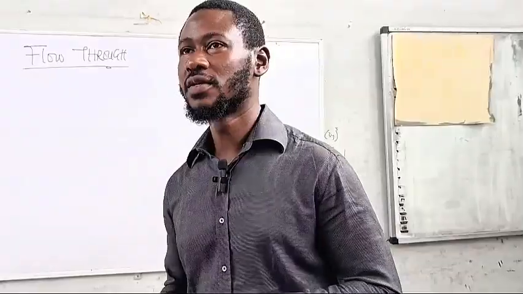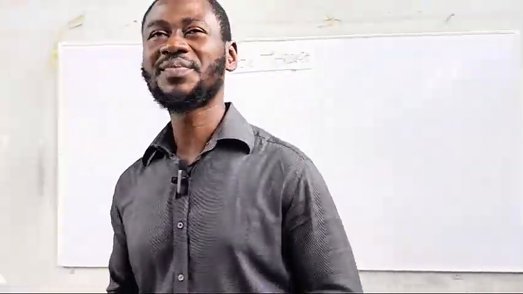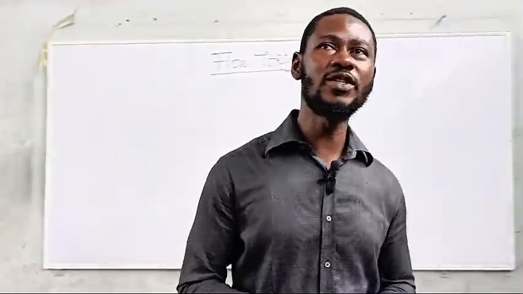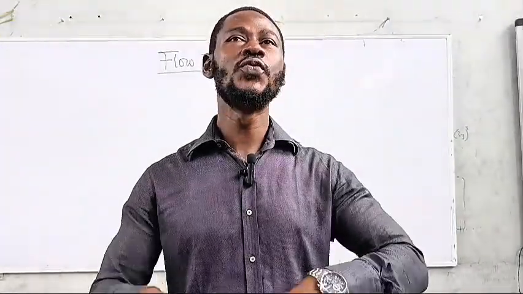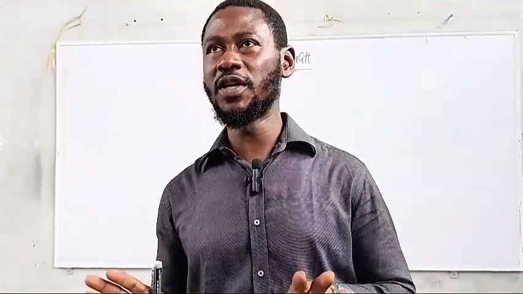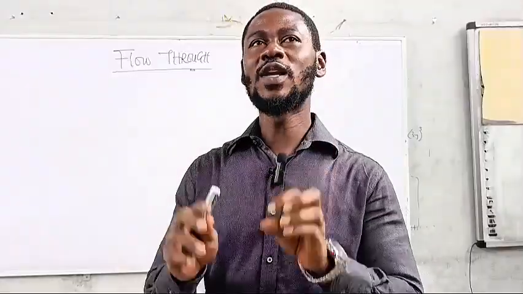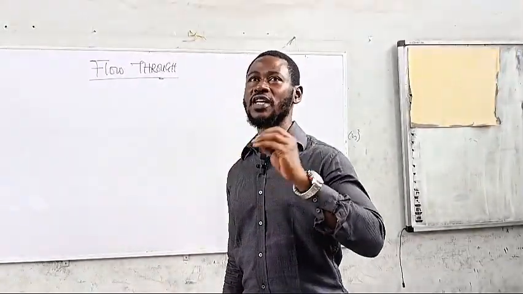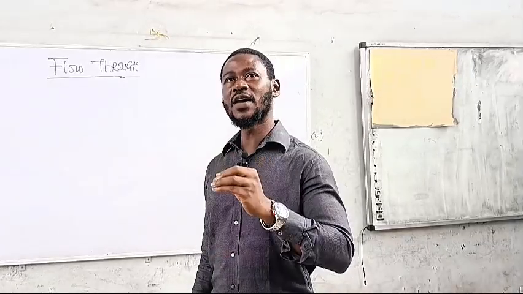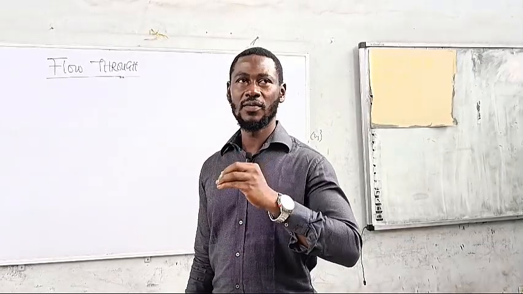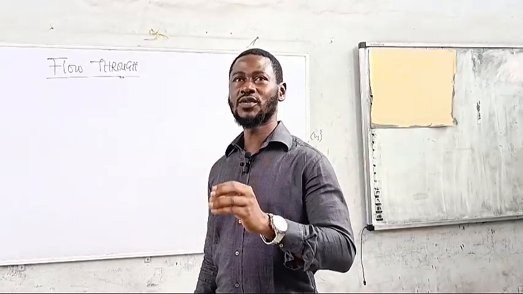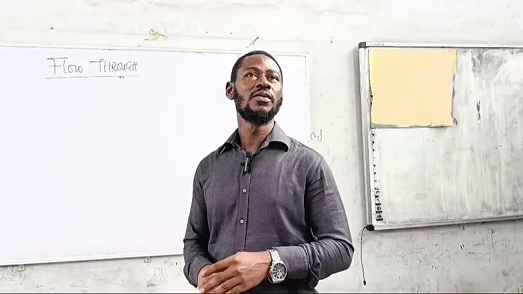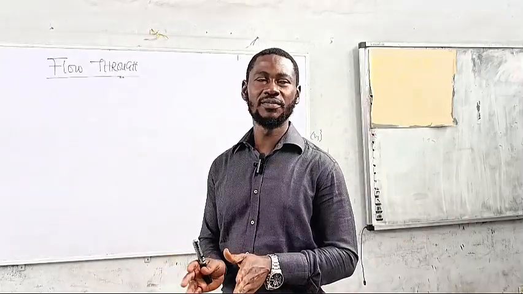The sixth one, head loss due to bend of the pipe. And lastly, head loss due to various fittings in the pipe. I would have loved to give some of the mathematical expressions of what I have said above, but we are going to see this when we are analyzing pipe networks.